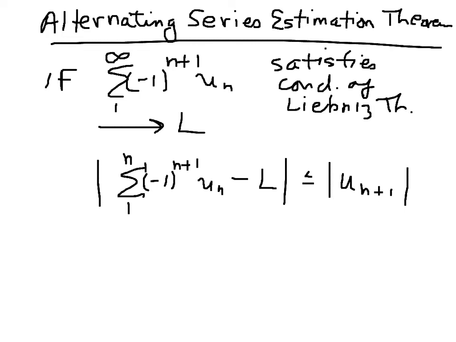So if here is the limit, and here is the nth partial sum, then the n plus first partial sum is here. And the difference between these two is simply u sub n plus 1. So it's a very simple graphical argument for why this statement is true. So for example, if we use the first 100 terms of the alternating harmonic series to approximate whatever its limit is, we know that it's within 1 over 101 of the actual limit.